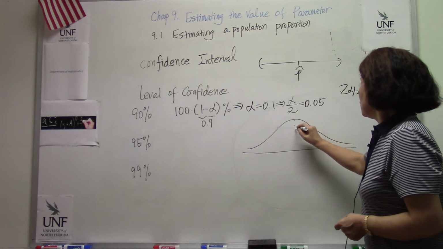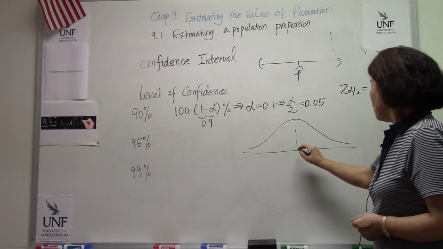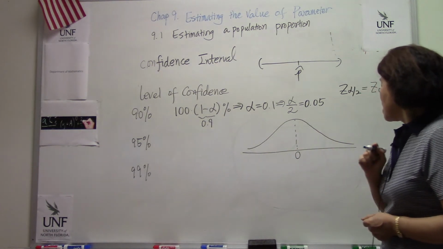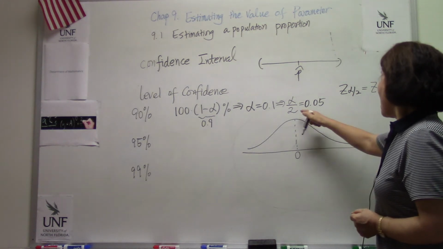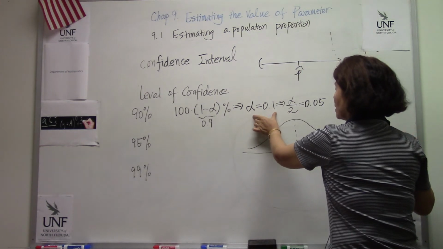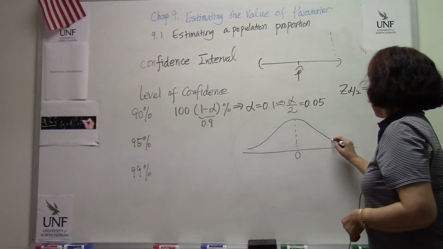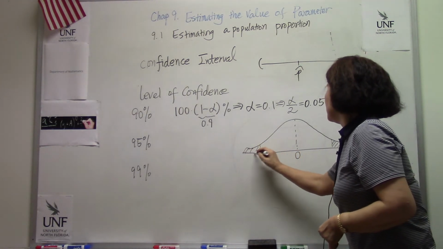We have a standard normal distribution curve, where the median is 0 and the standard deviation is 1. The 0.1 is split between the right end and the left end.